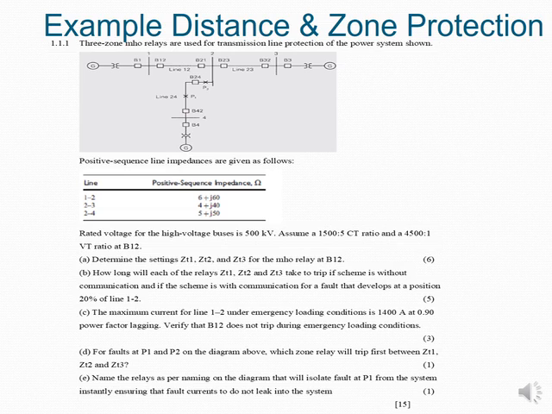Then we have the last question, and it says name the relays as per the naming on the diagram that will isolate the fault P1 from the system instantly, ensuring that your fault currents do not leak in the system. So this one almost goes back to our zones of protection, where you look now at P1 and you say what breakers are there, and there is the B24 and the B42.